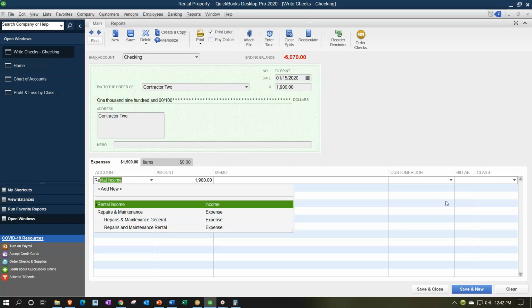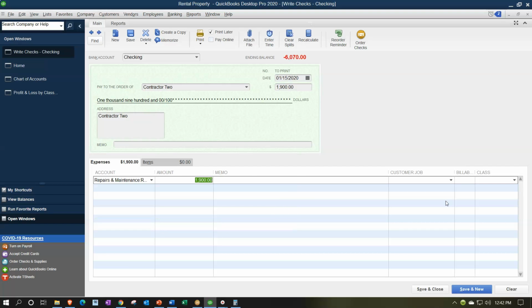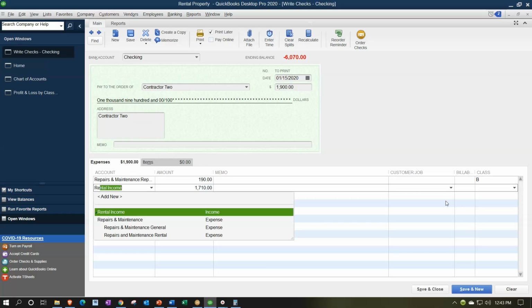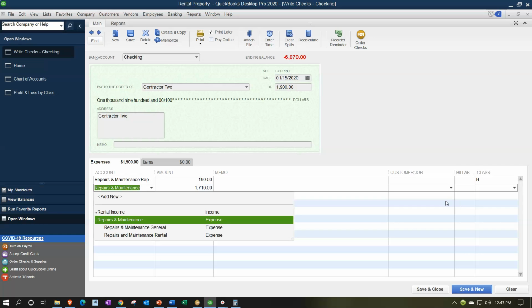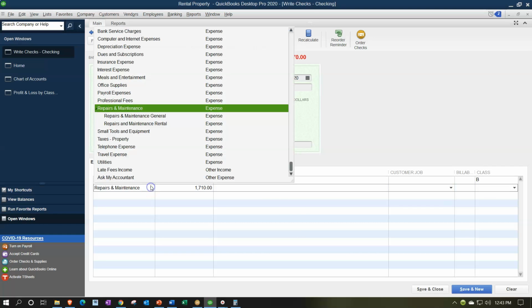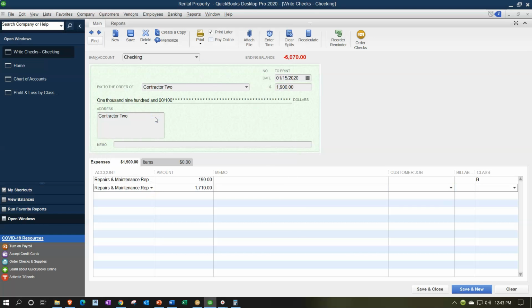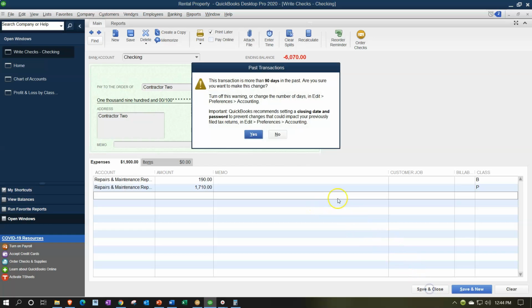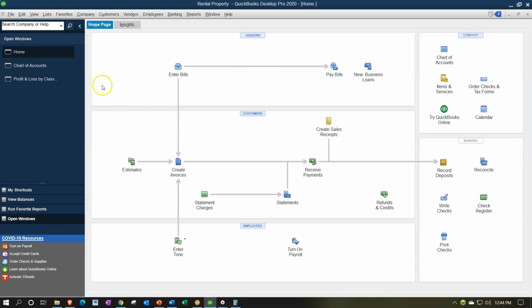And this is for repairs and maintenance general for the whole house, which I'm going to break out between the 1900 times 0.1, and that's going to be for the business, and then repairs and maintenance for the personal, which I'm also going to put to repairs and maintenance general, but the general accounts I'm going to be breaking out between the two. So this is going to be between business and personal with the use of the classes. So there we have that. So I'm going to say save it and close it. So that's just some kind of example of how you can do this.